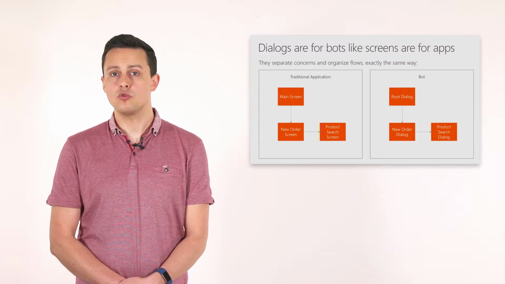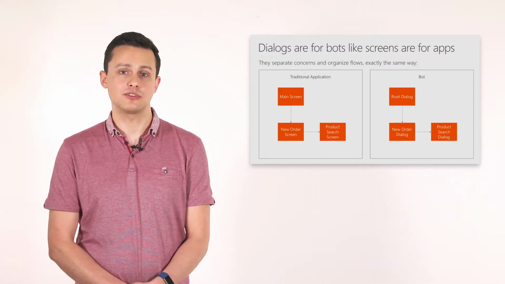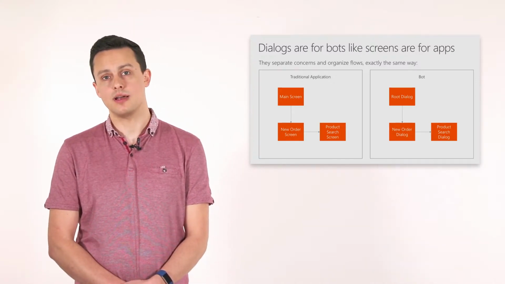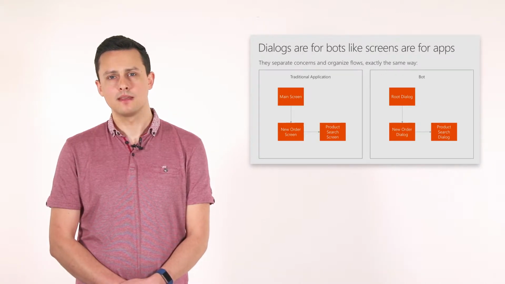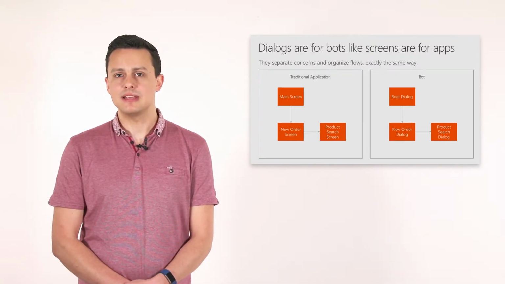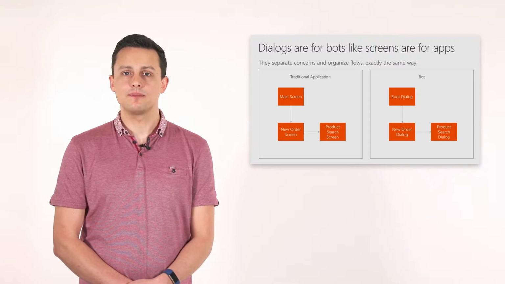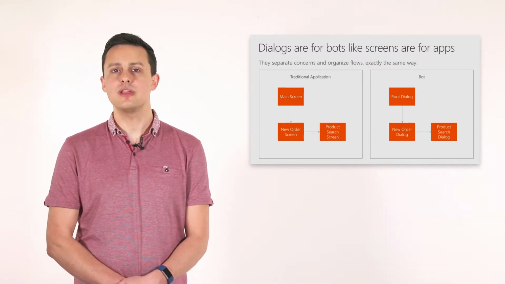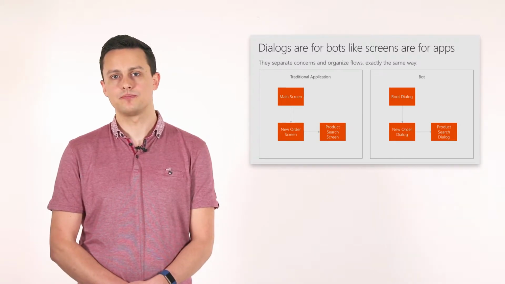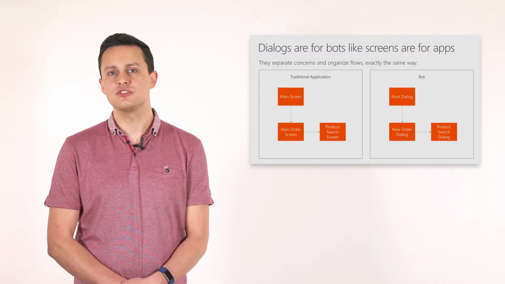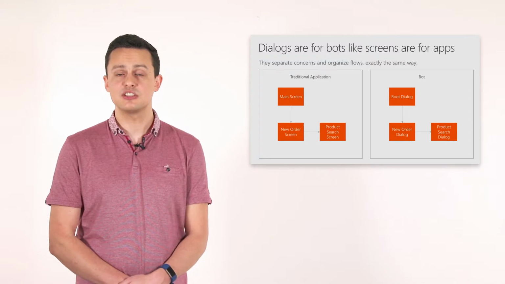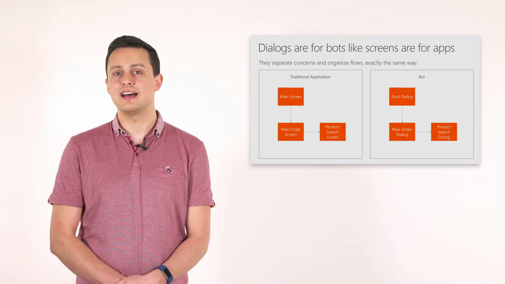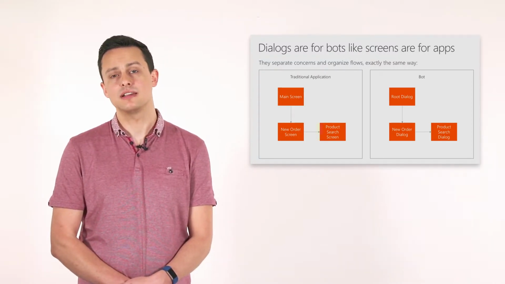And then from that product order screen, you might have a product lookup screen to select which product that you want to order. The key concept here is that with each screen, the user can do different things. They can't do everything from a single screen. So we can constrain the actions of the user to simplify the experience for them. It also allows us to better componentize our code.